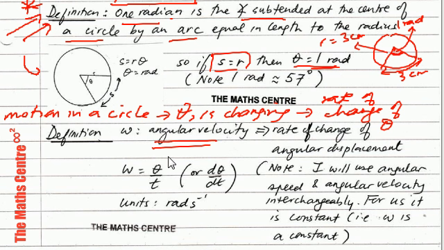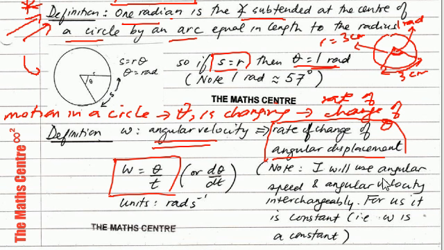The angular velocity is defined as the rate of change of the angular displacement. Now we like to write it simply as omega equals theta over t, or in more mathematical form, if you like, d theta dt, the rate of change of angular displacement.